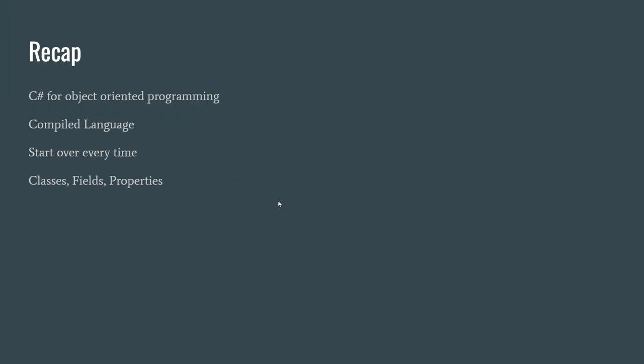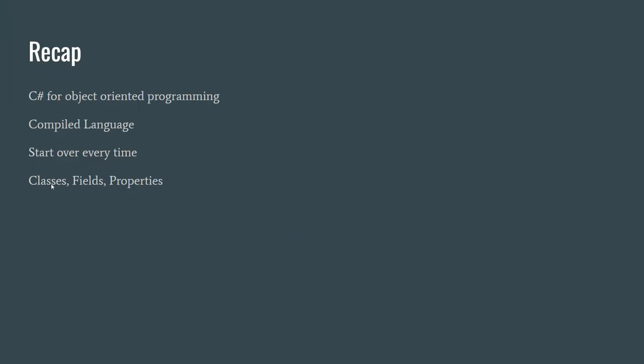When you write some SQL, it's called a query. The disadvantage for C sharp is that you don't have any of your data stored. So every time you start over, you have to retype all your stuff, right? And with SQL, that's when you start getting into databases, being able to preserve some of that information.